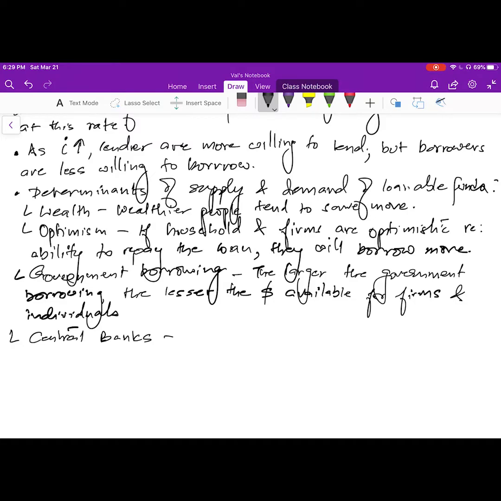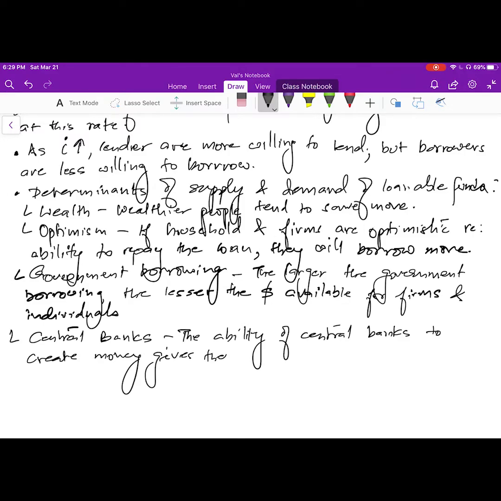Okay, so the ability of central banks to create money gives them monopolistic control over inflation and interest rate.